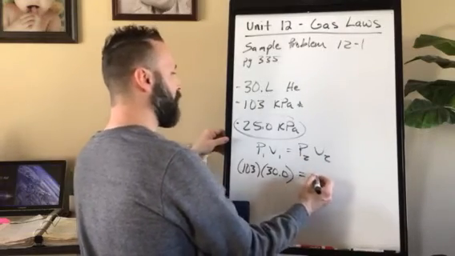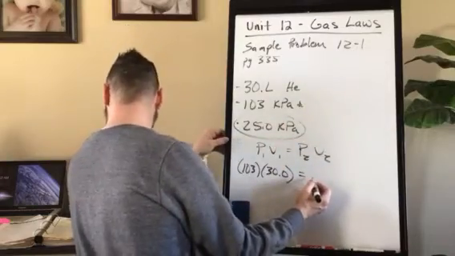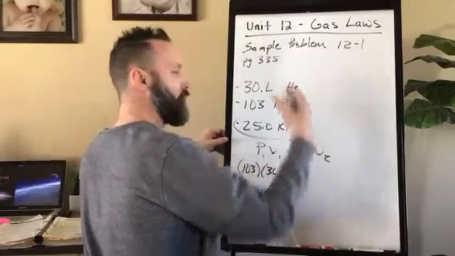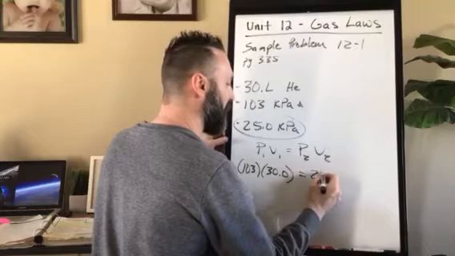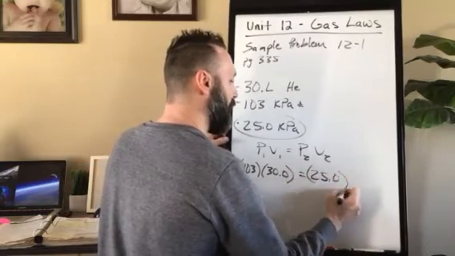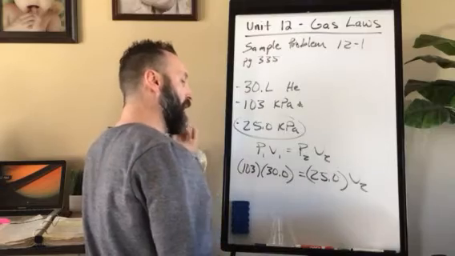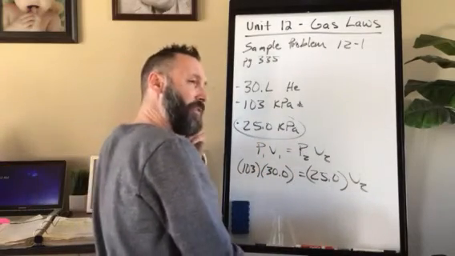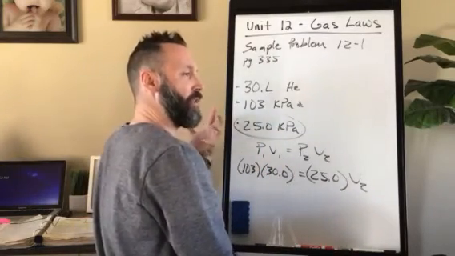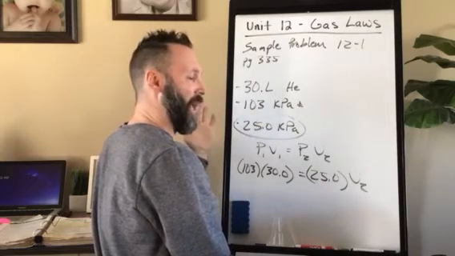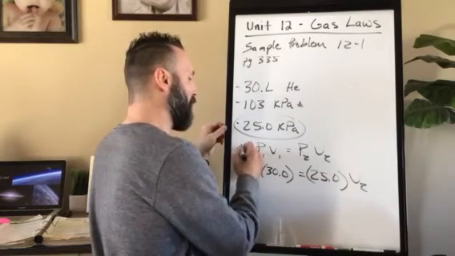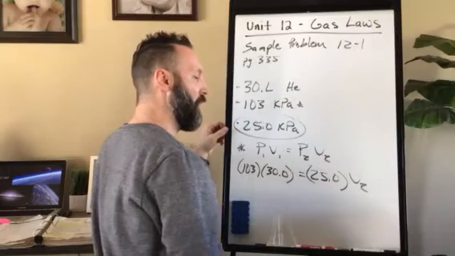Equals our pressure of 2, which is 25.0 kPa. That was the pressure at that high altitude. And then our V2 is our unknown. Again, it doesn't state anything about temperature in this problem, which means we're going to assume that the temperature is constant. So we know we need to use P1 V1 equals P2 V2.